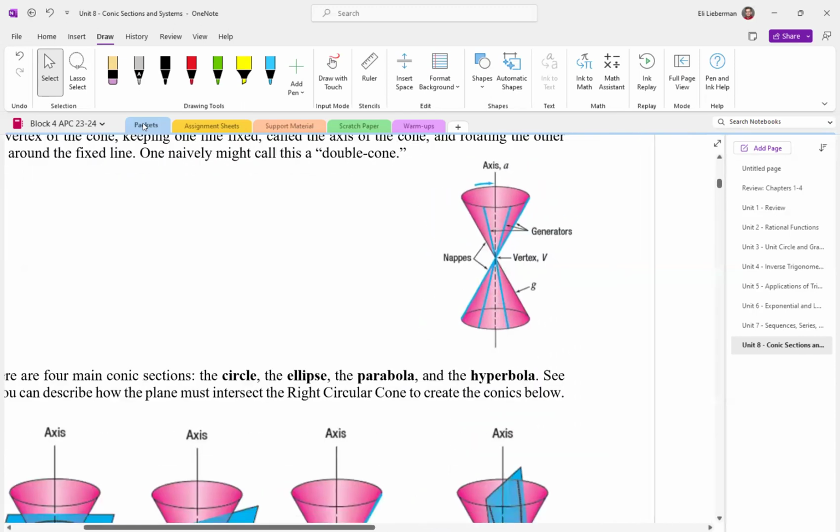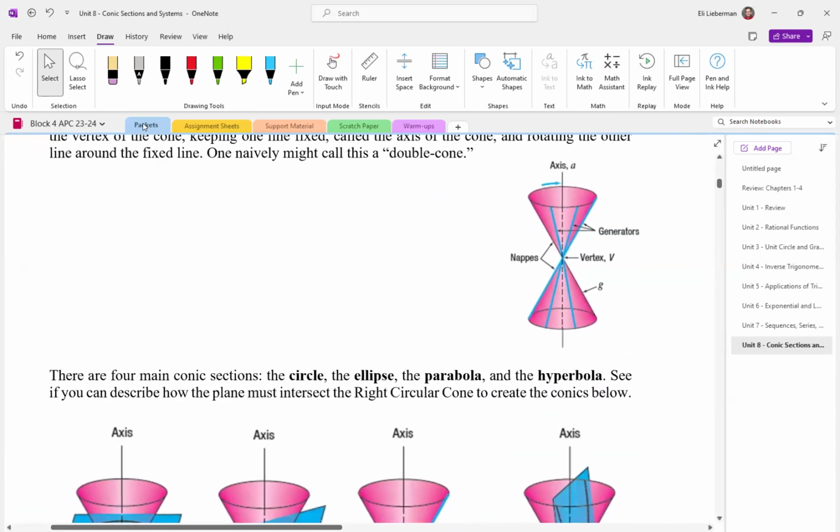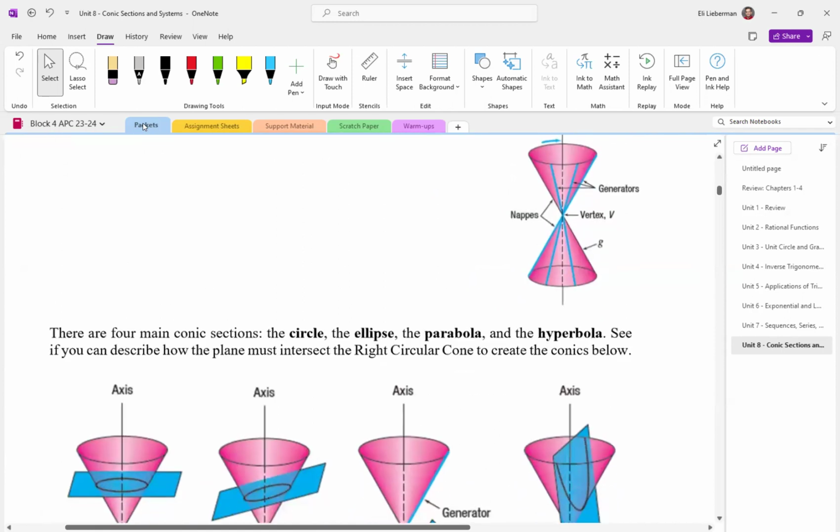And there are degenerate shapes, which is if the plane cuts through the vertex, that would be called a degenerate circle, which is actually, what would that be called if that plane is cutting through that vertex? It's just a point, wouldn't it? A degenerate circle is called a point. It's a circle with radius 0.